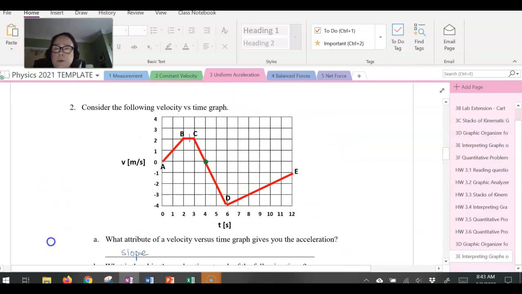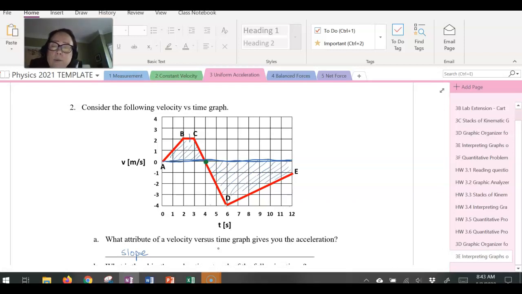Okay, so I'm going to go up here to where the graph is so that we can see it. The first thing I'm going to do is identify the x-axis. That's where velocity is 0. And then I'm going to shade in the area between the red graph, right? That's my velocity versus time graph, and that x-axis. And so I have one area that's above the x-axis, and I have an area that's below the x-axis.